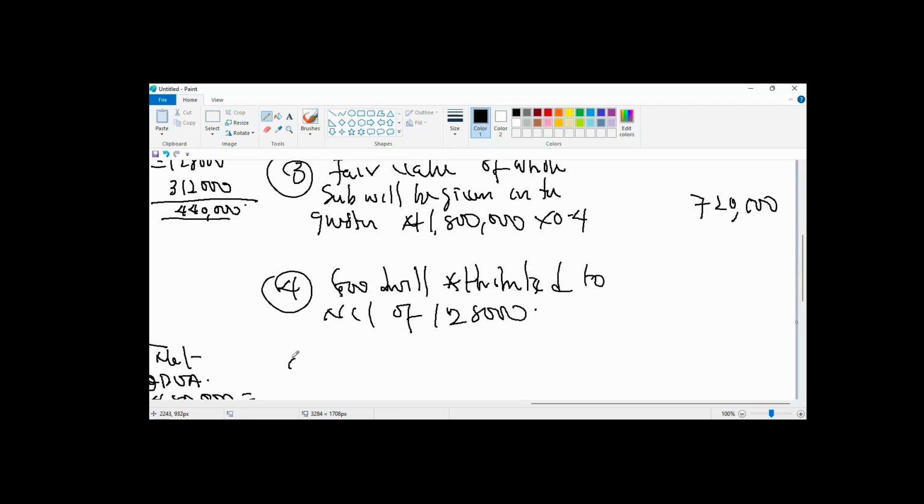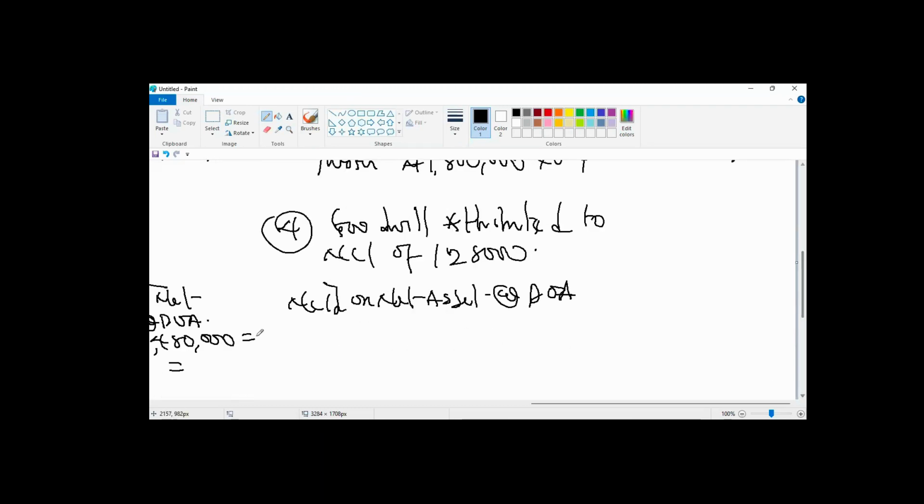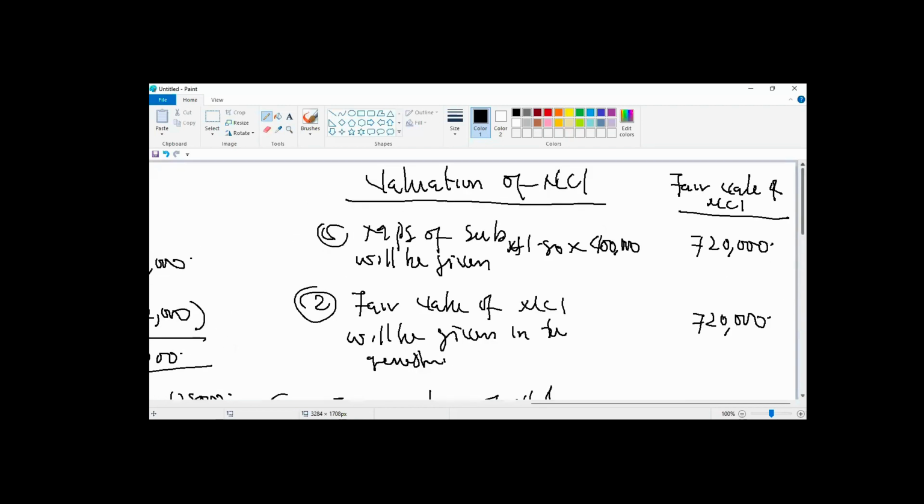I will now add NCI percentage on net assets at the date of acquisition, which is 592. 128,000 plus 592 will still give me NCI fair value 720. That is why it can only be one out of the four, it can never be two, because each one of them will give you the same answer, 720.